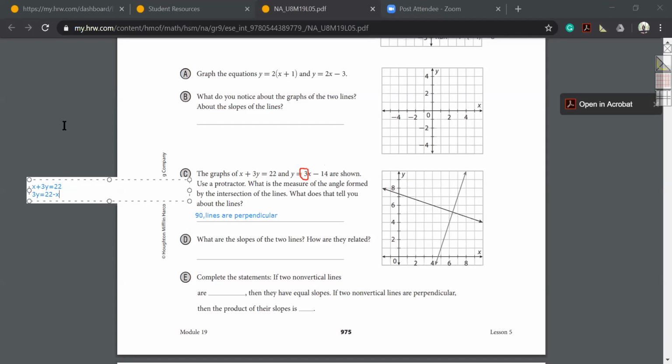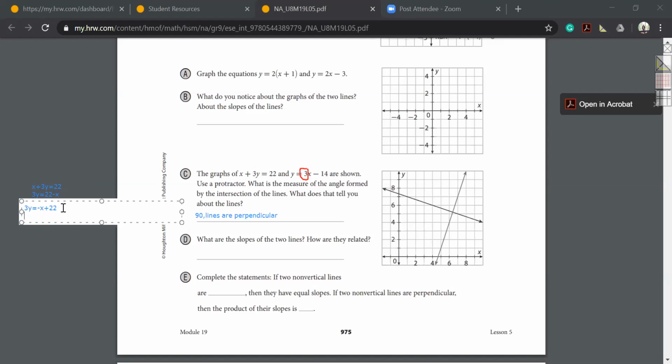To make it into this form, I will put x first. So 3y is going to be negative x plus 22. I just swapped places: I put x first, and then 22 in here. Am I done? No, because y is not alone. I have to remove the 3. How can I remove 3? Divide by 3.